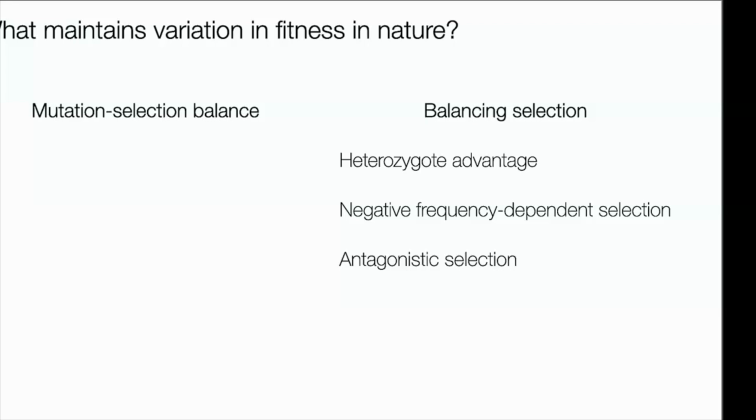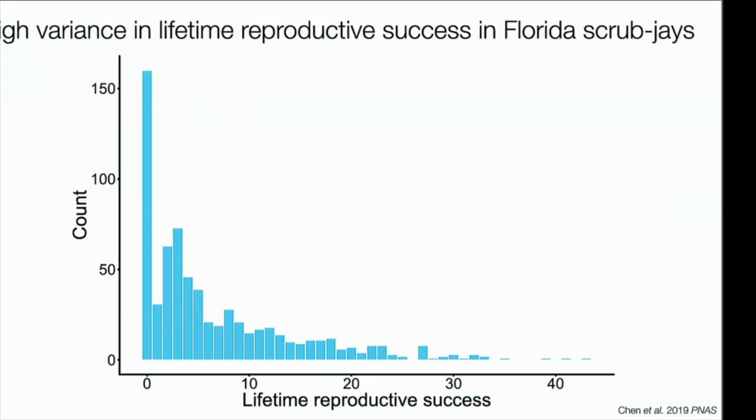So we wanted to look at how much genetic variation there is in fitness in our study population, and try to understand some of the potential forces that may be maintaining variation. From our demographic data, we know that there's fairly high variation in fitness.